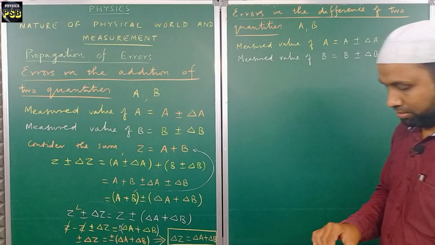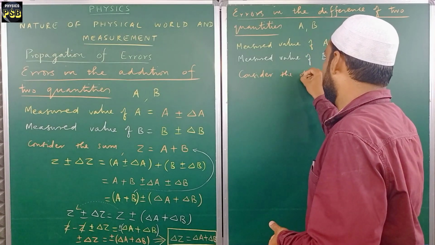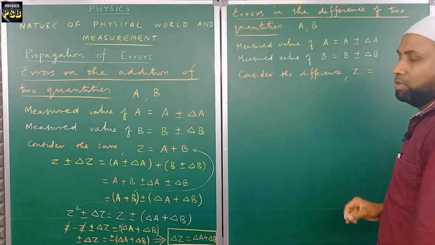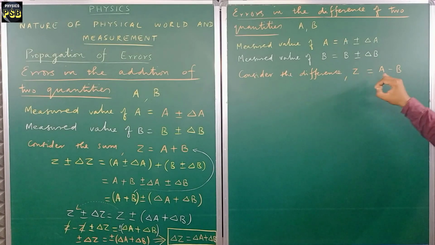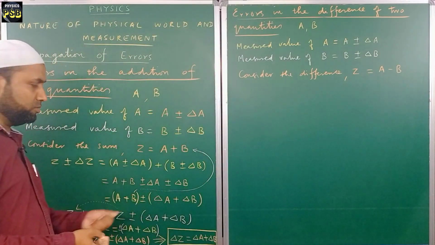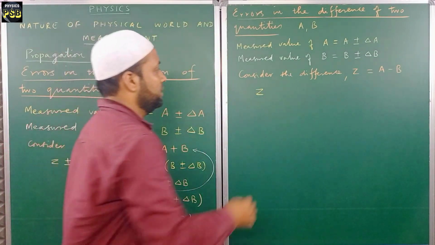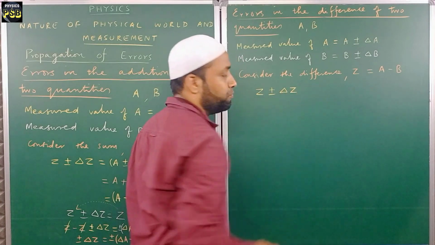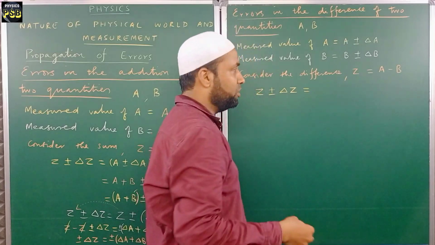Now consider the sum, or yeah, I'm sorry, consider the difference to be equal to A minus B, whose value is taken as Z. Here the difference between A and B is taken as Z. Here the sum of A and B was taken as Z also. Now when we try to calculate Z, we encounter some error called absolute error in the measurement of Z, which is included along with it, and the same thing I do with A and B as well.